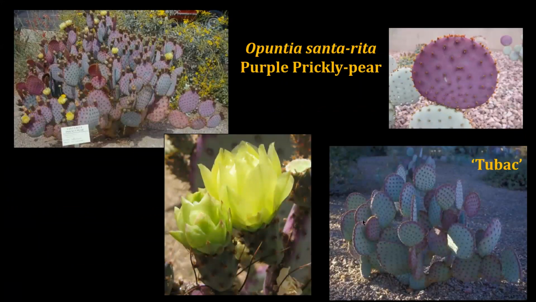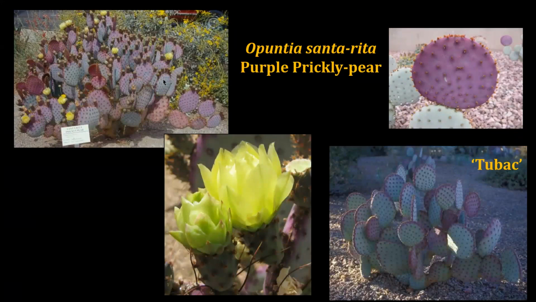And then a little bit more purple color you would find with the purple prickly pear. Most of the year you have a little bit of a purple tinge, perhaps on the margin of the pads, which are kind of a bluish color, bluish green.